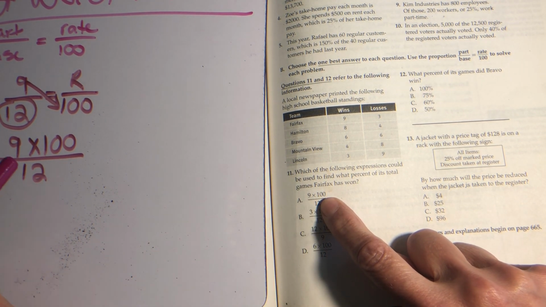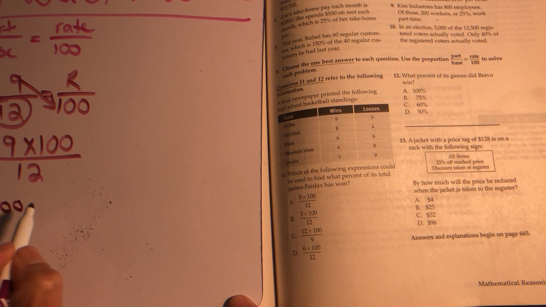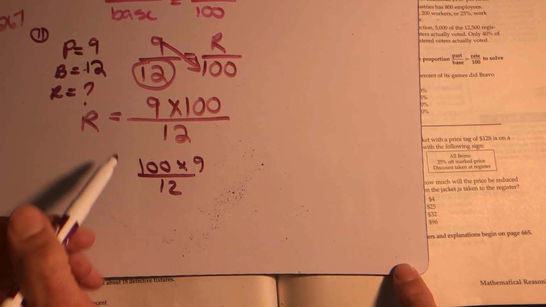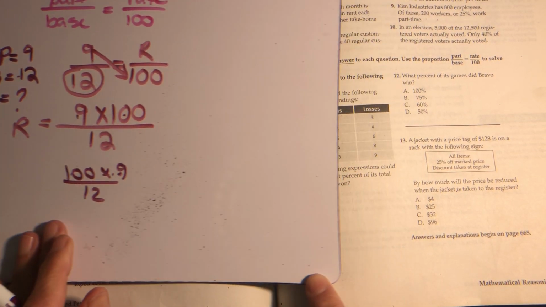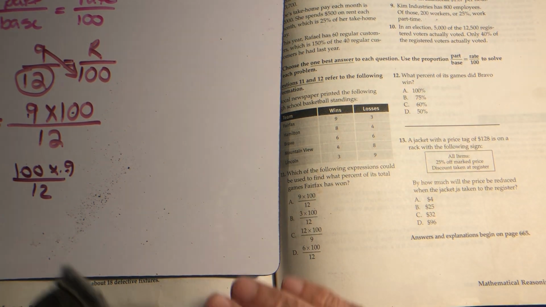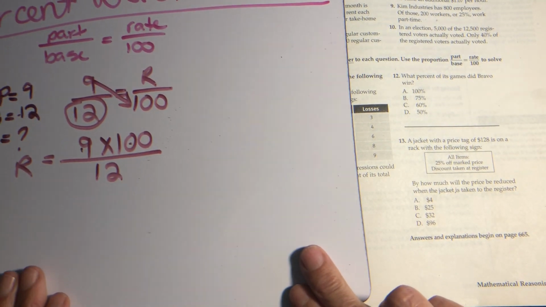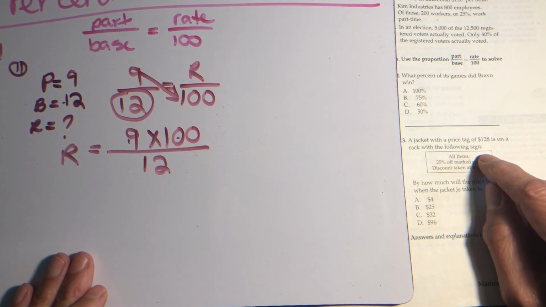Now please remember that multiplication and division can be in different orders. Like you could have had 100 times 9 divided by 12. It could have been written differently, and you're supposed to know that it doesn't matter the order that you multiply things in, okay?